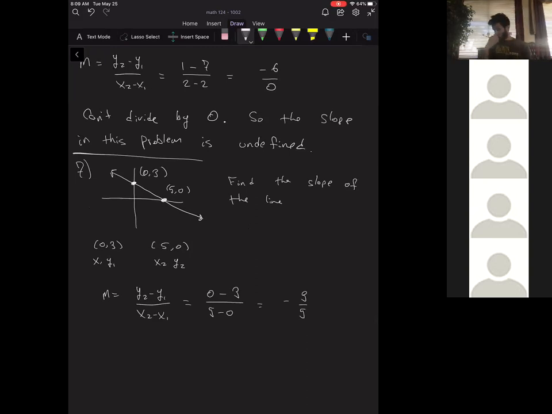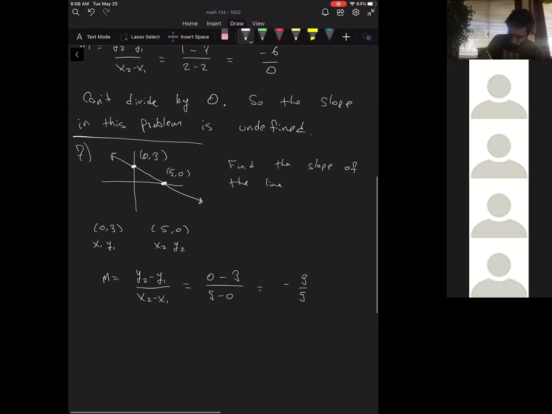So remember how we were talking about rise over run. So what does this mean with rise over run? Rise is how much we go up and down. So if we're looking at this point right here, what's the rise? To get from this point over here down to this point right here, do we have to go up or down?